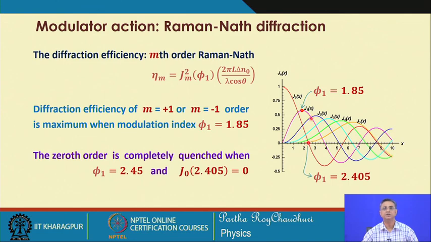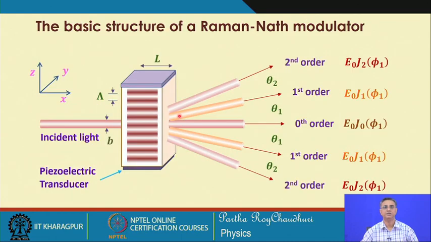So, this tells us that the 0th order is completely suppressed, completely quenched, when phi 1 equals 2.4048, at this value. So, it provides a guideline that there could be two types of modulator design. One is using the 0th order, another is using the plus or minus order of the diffracted beam. So, we will continue our discussion with this.